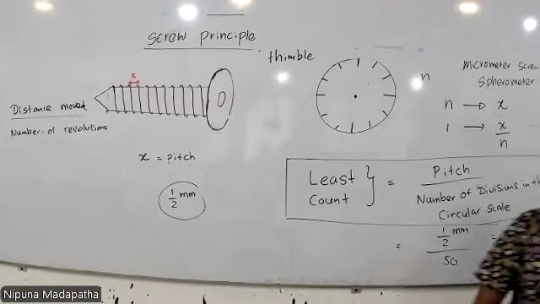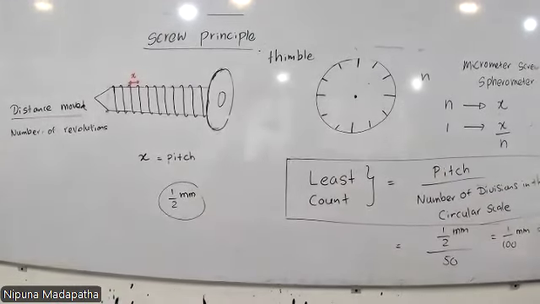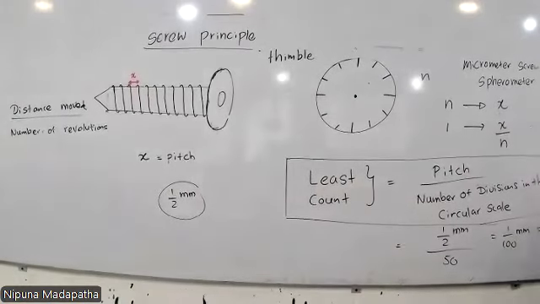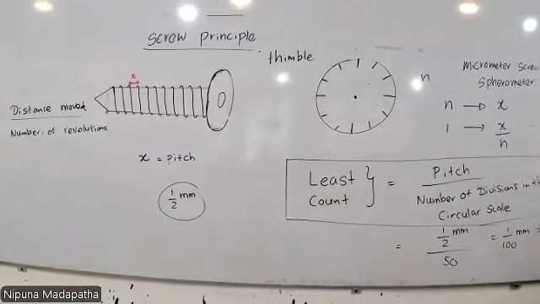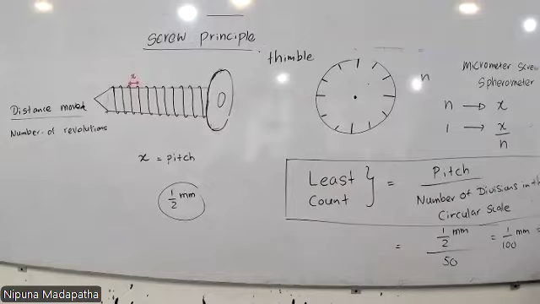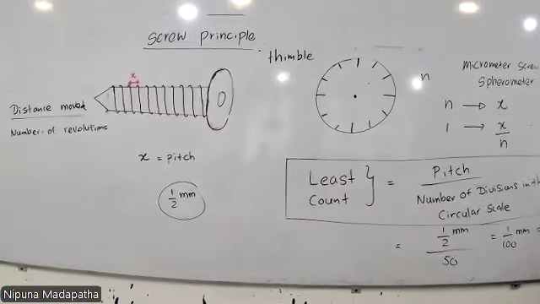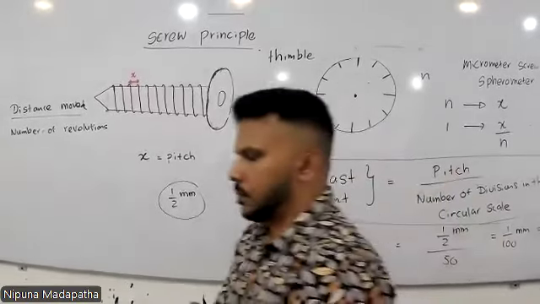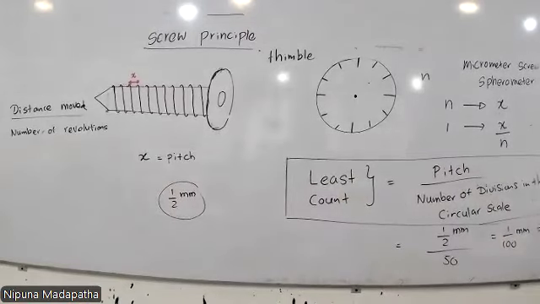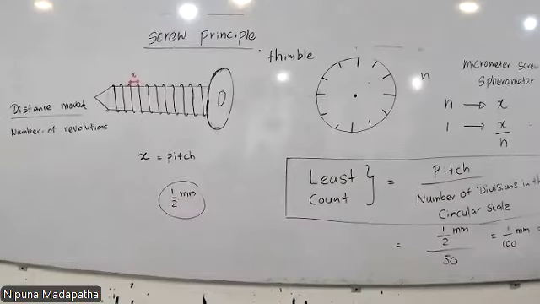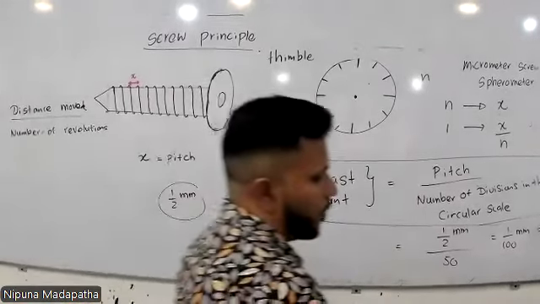Right. Write this as an example. An instrument where screw principle is used has a circular scale of 50 divisions.